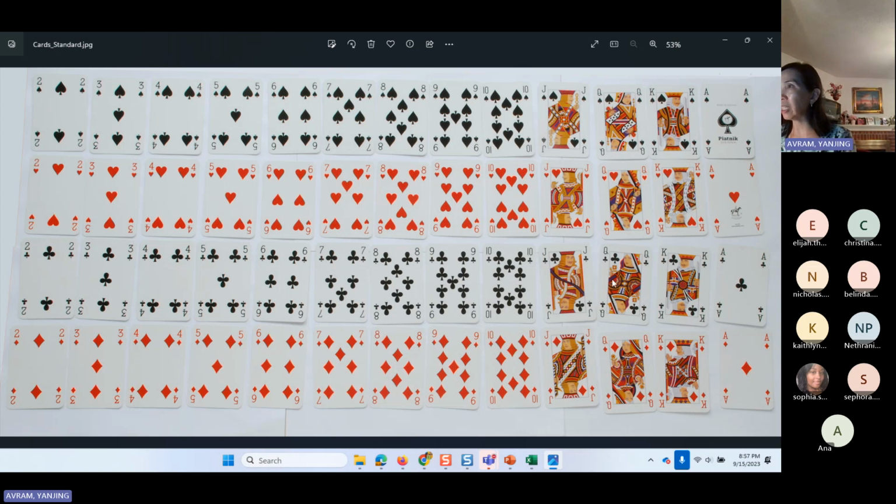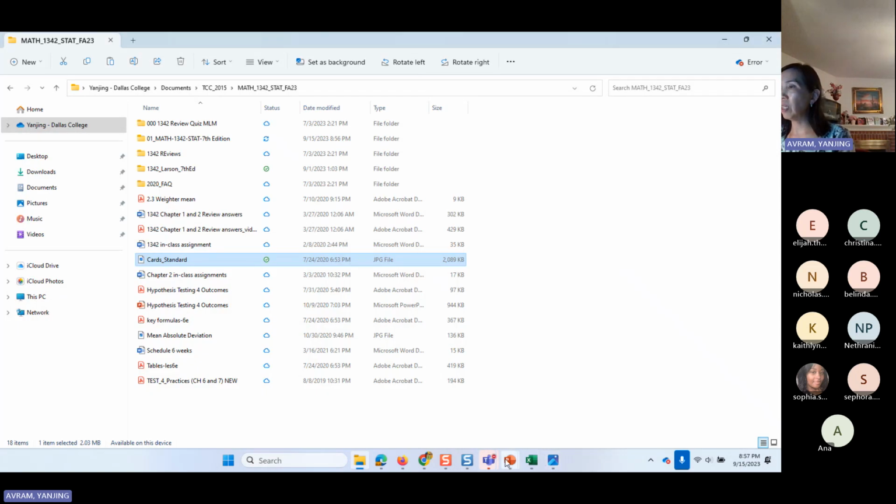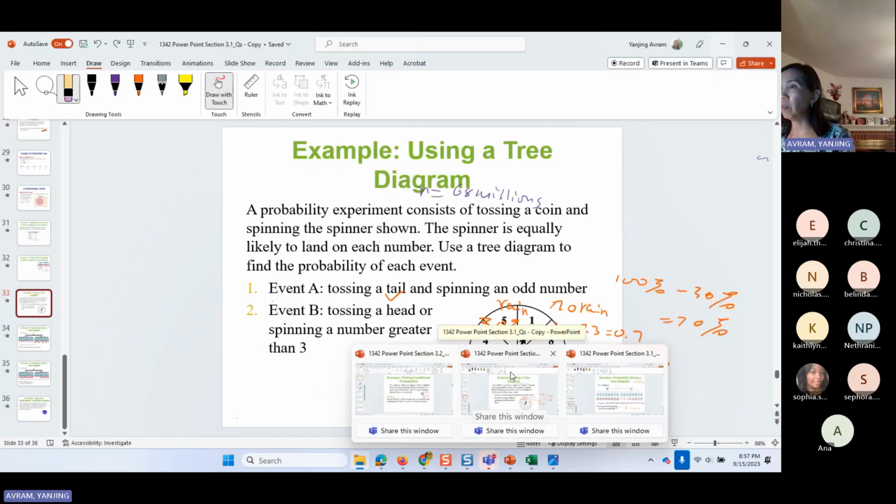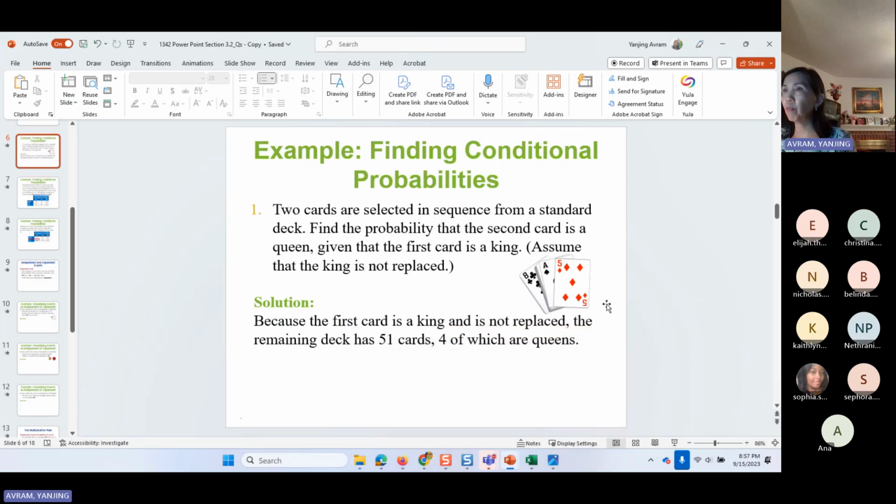You have hearts, spades, clubs, and diamonds. The jack, queen, and king are also called face cards, the cards that have a face. Sometimes the question refers to a face card. So just FYI, you can print this out if it helps you with the question.